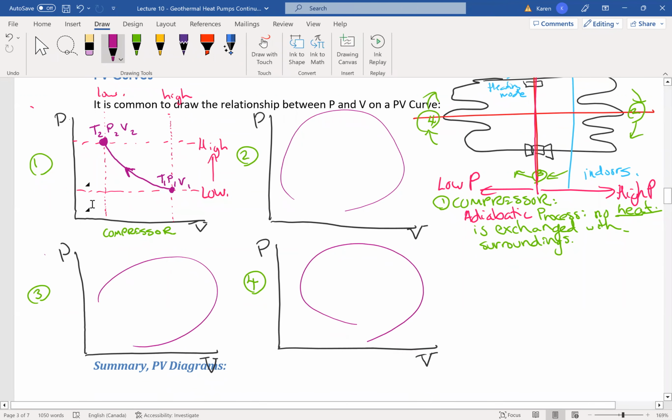In groups, 10 minutes to fill in the last 3. If you don't have them, take a picture, take a screen capture of this right now and try to draw on them, okay? I will also tell you all this, but see if you can come up with it in 10 minutes.